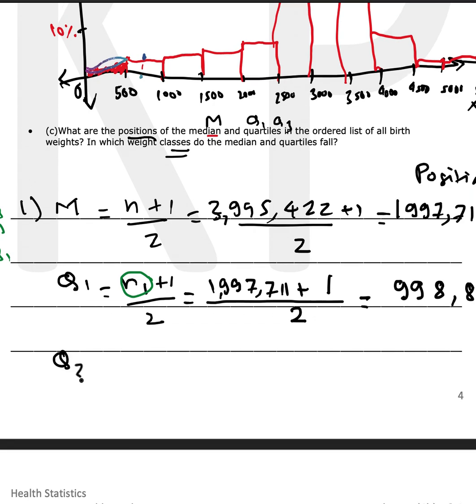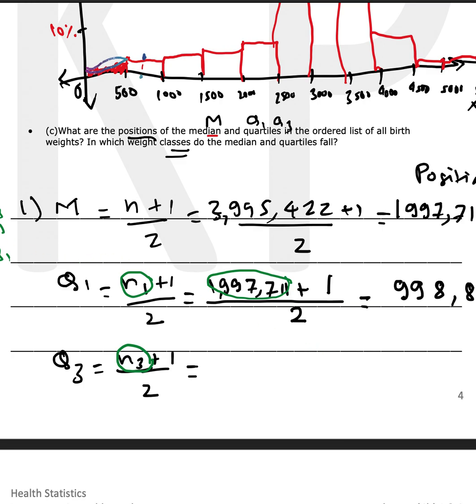Similarly we can do Q3, maybe N3 we can name it. Again, what is going to be N3 in this case? We know the median is this value, and the principle of the median is that it divides the data points into equal halves. So if there are this many data points before the median, then there are this many on the other side, the positive side from the median.